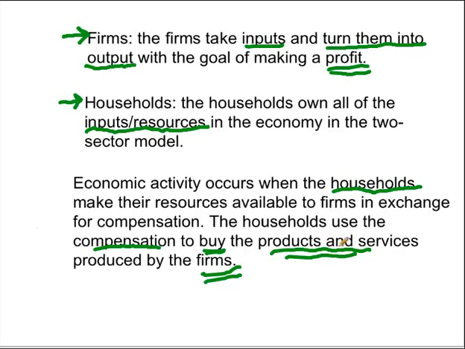So I don't especially want my own labor. I'd rather have maybe a nice computer. And so what I do is I offer my labor to a business. The business hires me, they pay me, and then I go and I buy a computer.